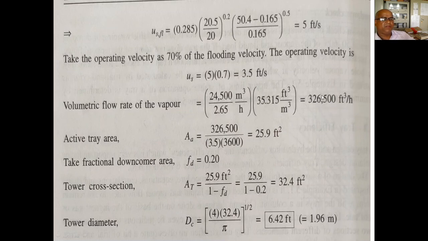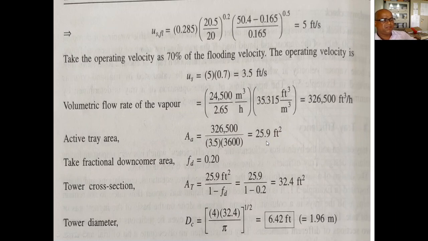This is the volumetric flow rate. Then this by this gives feet cube per second, divided by velocity 3.5 feet per second, so the seconds cancel out, and the area is 25.9 feet square.